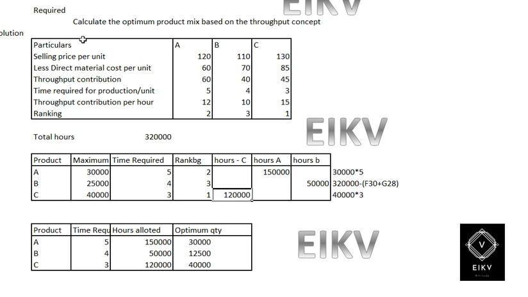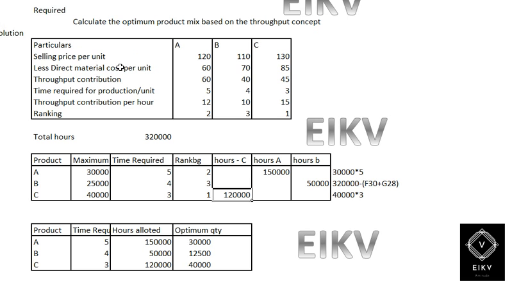I'm going directly to the solution. In this solution I have made three tables. In the first table I have written particulars and the three products A, B, C. The first item is the selling price, taken directly from the question: 120, 110, and 130.